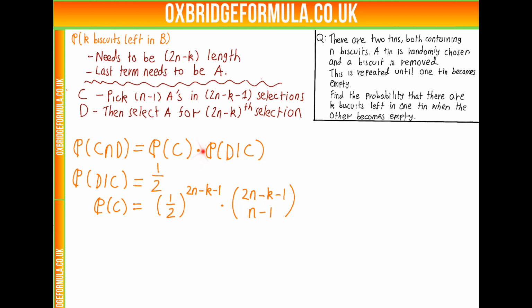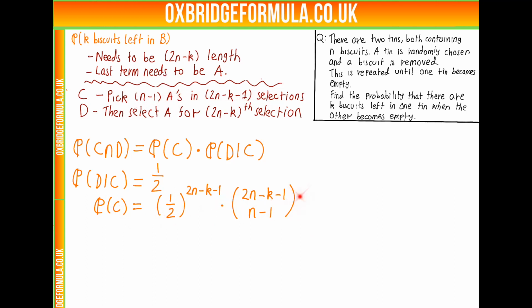So we get a half to the 2n minus k minus 1, and then we've chosen n minus 1 successes from 2n minus k minus 1 selections, and so 2n minus k minus 1 choose n minus 1.